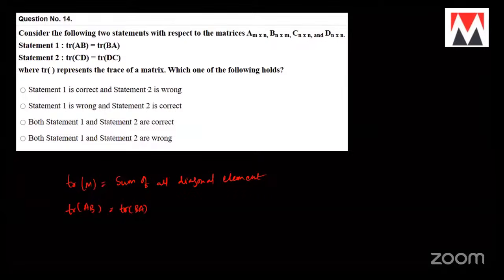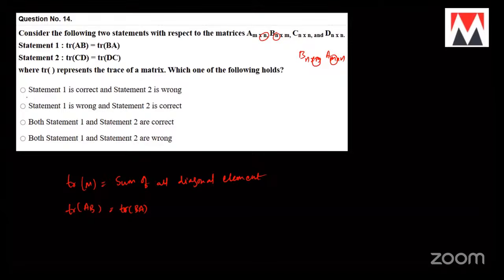Suppose if it is given n by n matrix, you need to see whether matrix multiplication is possible or not. AB multiplication will be possible if this order and this order will be same. BA will be same if you just put it like this, n cross m and A m cross n. So this and this should be same for multiplication. C n cross n, all are same.